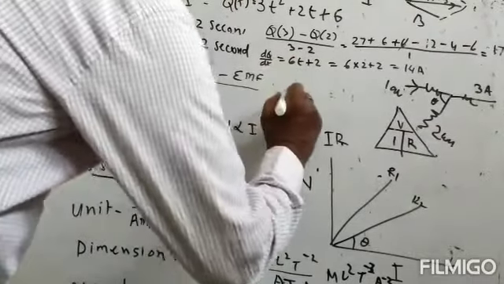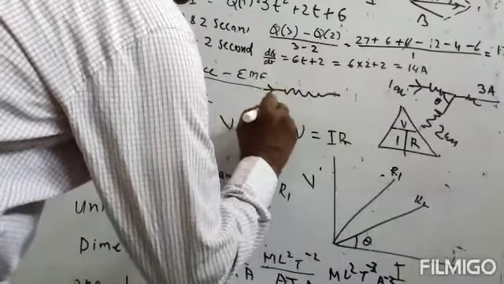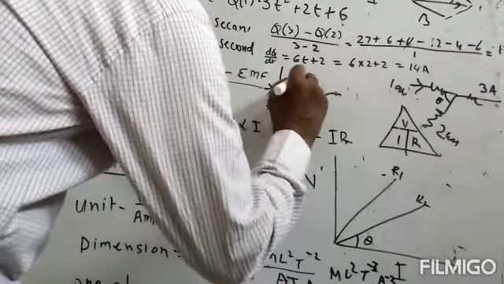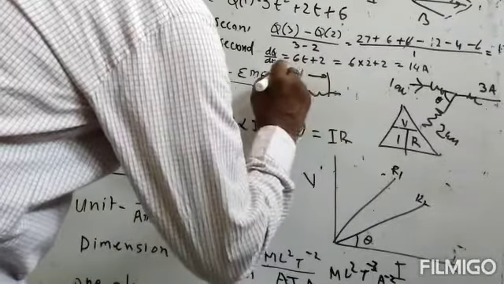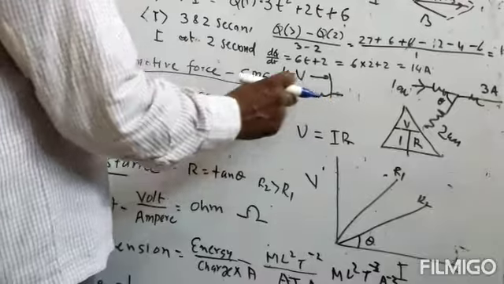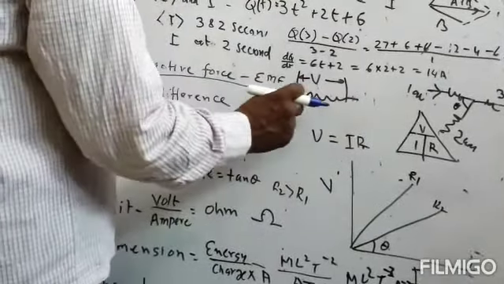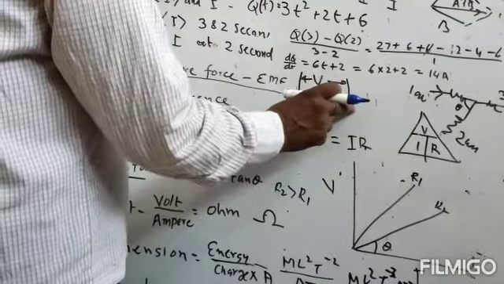Suppose this is the conductor and current is flowing through it, then V is the potential difference between these two ends. This is the conductor through which the current is flowing, and V is the potential difference across its ends.